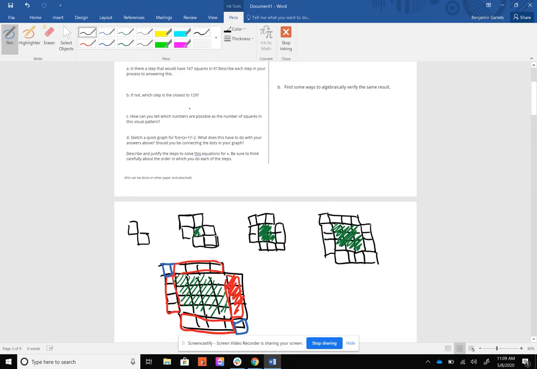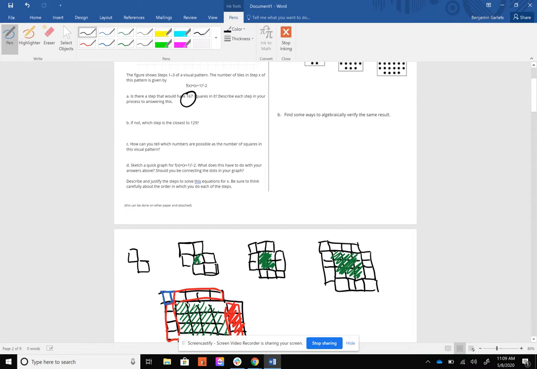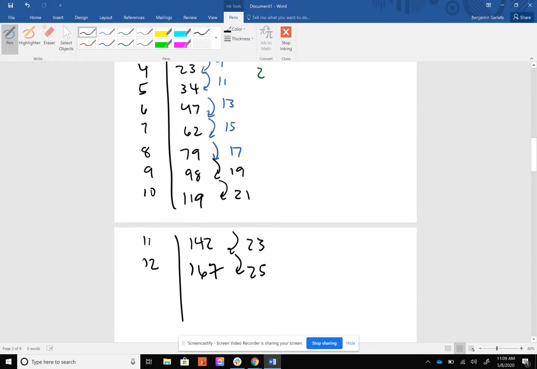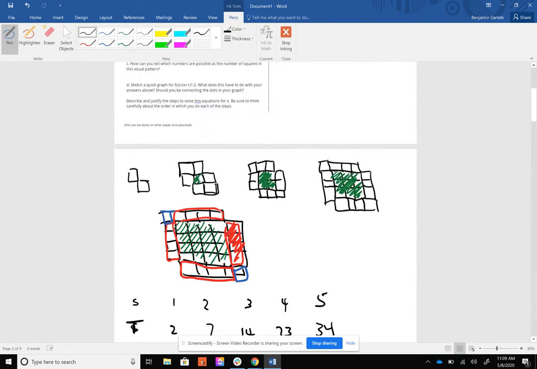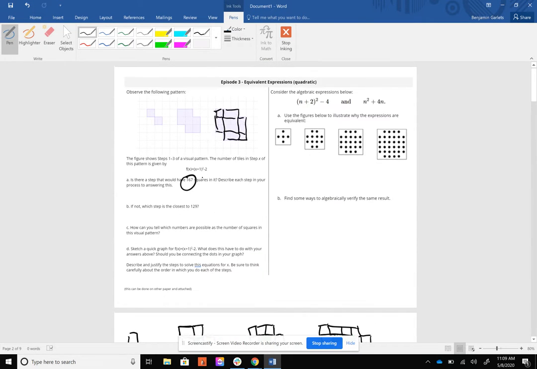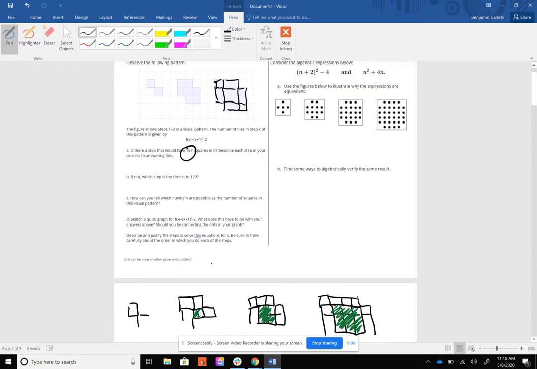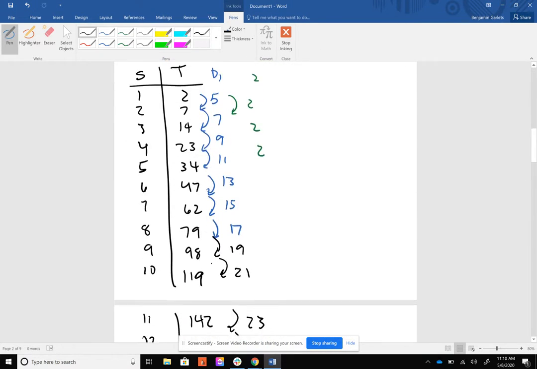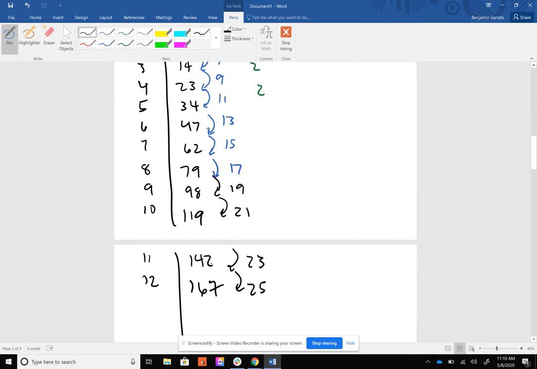If we go back. So we just found out that if we draw step 12, that it'll have 167 squares in it. And so if not, which step is closest to 129? So if we look at that, 129, it looks like 129 is closest to step 10.